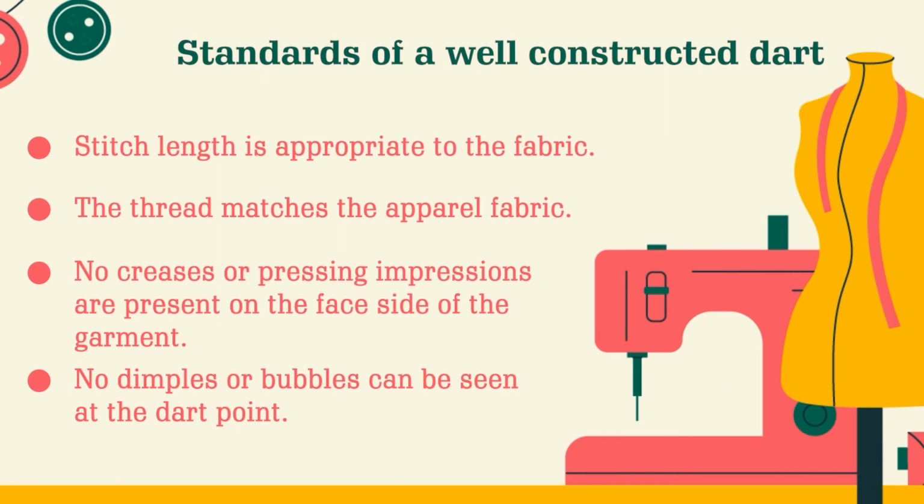The standards of a well-constructed dart include: the stitch length should be appropriate to the fabric, the thread should match the apparel fabric, no creases or pressing impressions should be present on the face side of the garment, and no dimples or bubbles should be seen at the dart point.